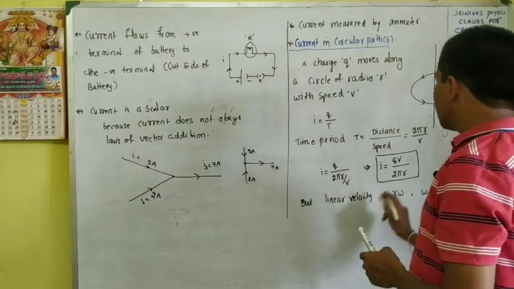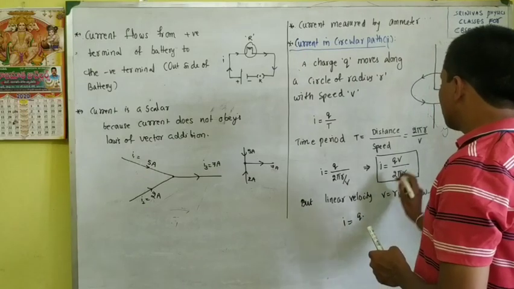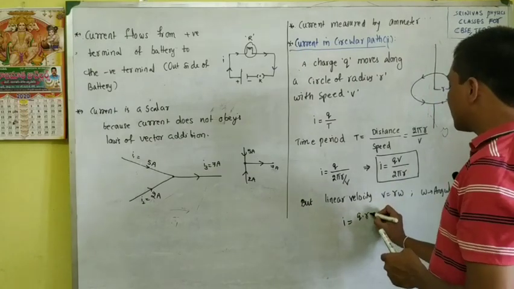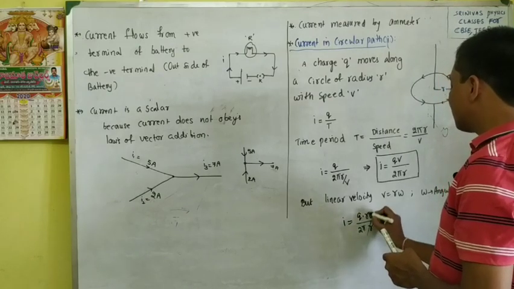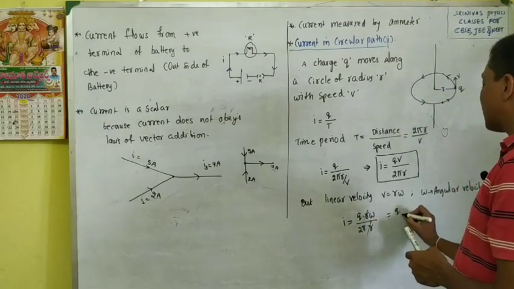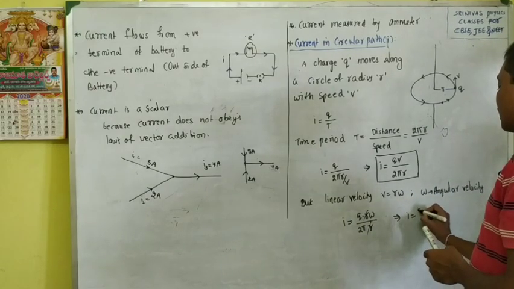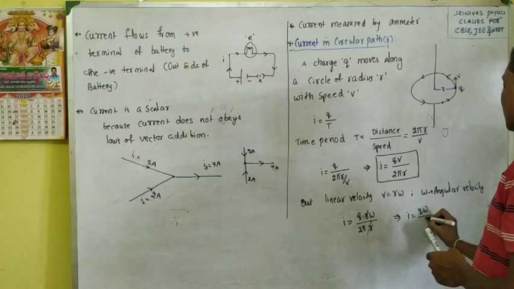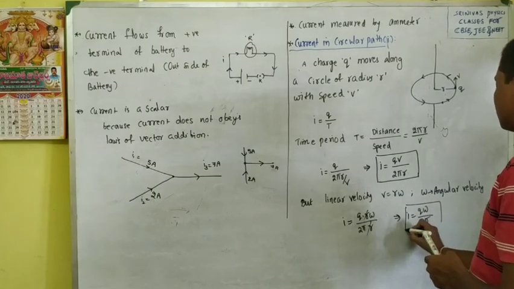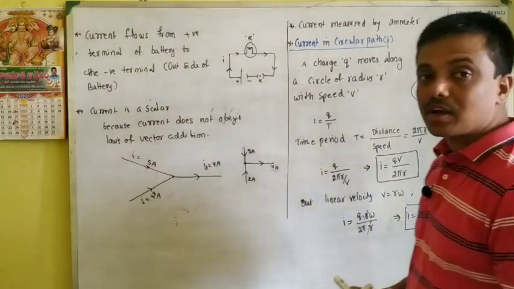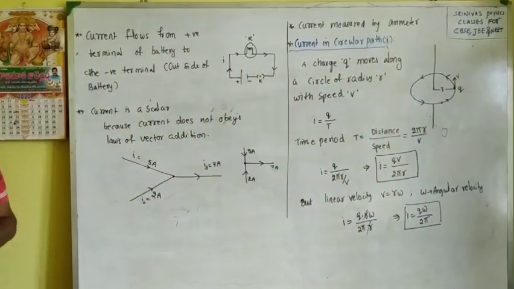Now we write I is equal to q into v, that is r omega, by 2 pi r. This r will cancel. We can also write the current formula as I is equal to q omega by 2 pi. These are the various formulas to find the current in a circular path.